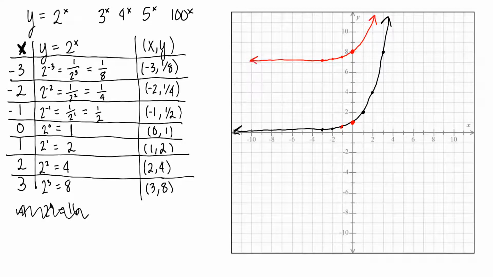Use your imagination. And the asymptote, so this is y equals 2 to the x plus 7. The asymptote would now be at y equals 7. So whatever this number is out here, it doesn't matter if it's plus 7 or if it were minus 5.